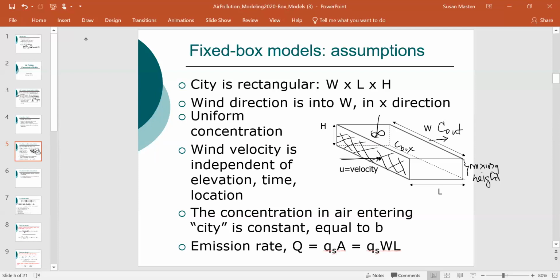We will also assume, and we'll use the term B. We used Cn or C ambient when we talked about indoor air quality. The notation used here is often B. So that's the concentration entering this face.